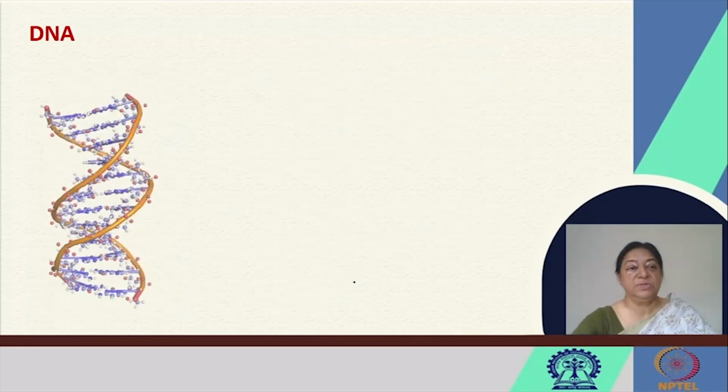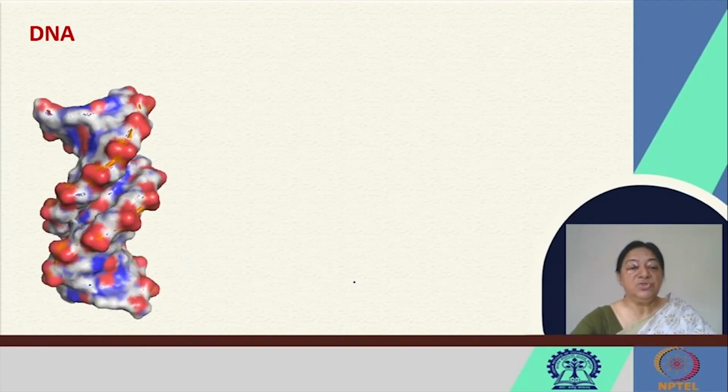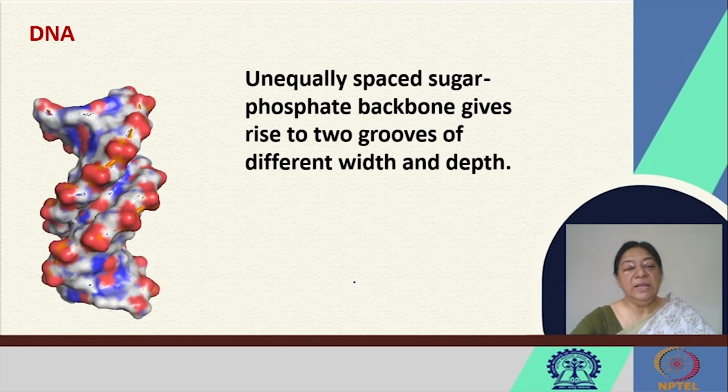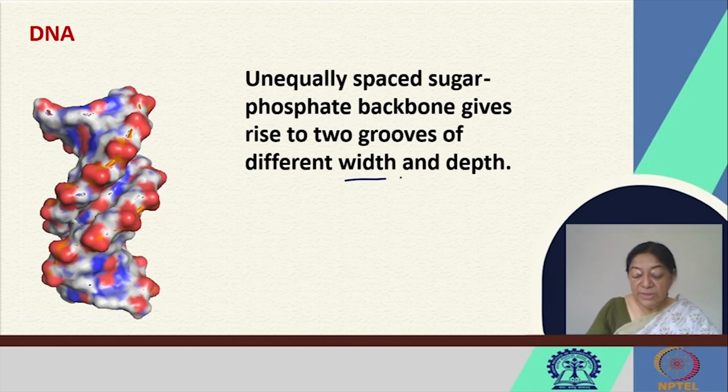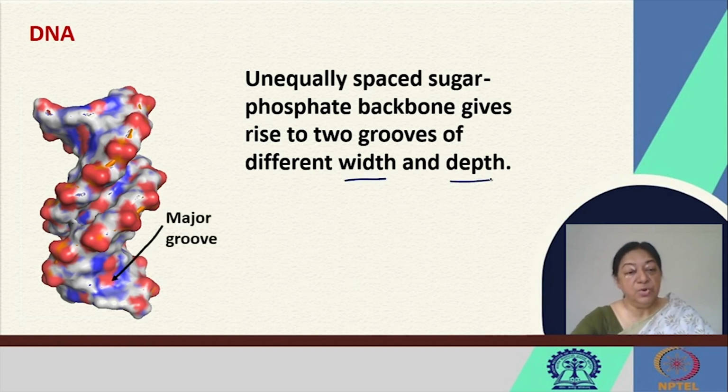3 hydrogen bonds. So when we look at the structure of DNA, we find that the unequally spaced sugar phosphate backbone gives rise to two grooves that have different width and depth. These are called the major groove and the minor groove.